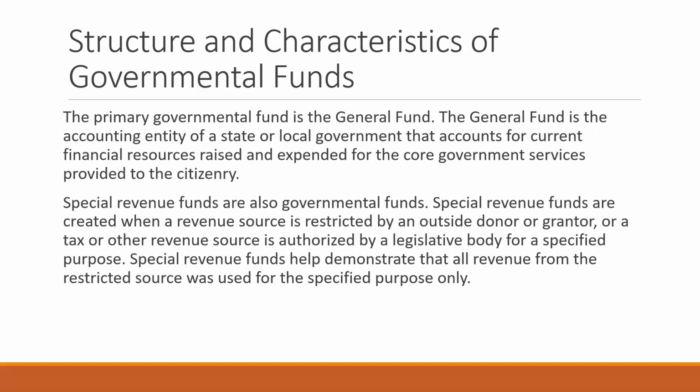Other examples of special revenue funds are, if you've ever heard discussion of a city vote for, say, library funding. There are two different ways that governments can collect money, other than donations and just taxes.